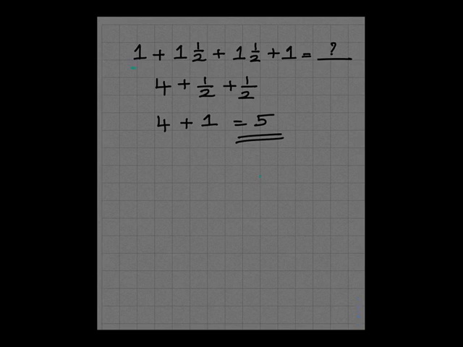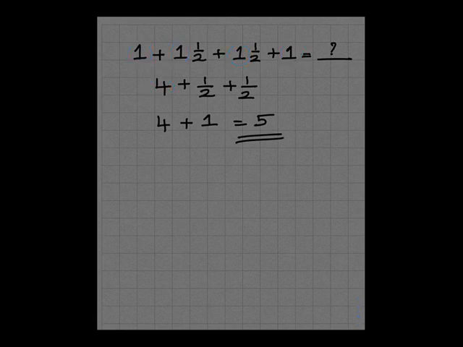Let us solve this problem. 1 plus 1 and a half plus 1 and a half plus 1. So there are 2 mixed numbers and 2 whole numbers. How to solve this? Let's add all the whole numbers first. So 1 plus 1 plus 1 plus 1 will become 4.